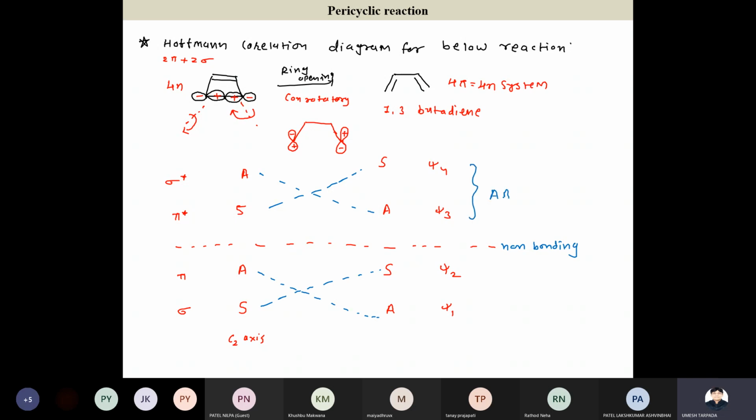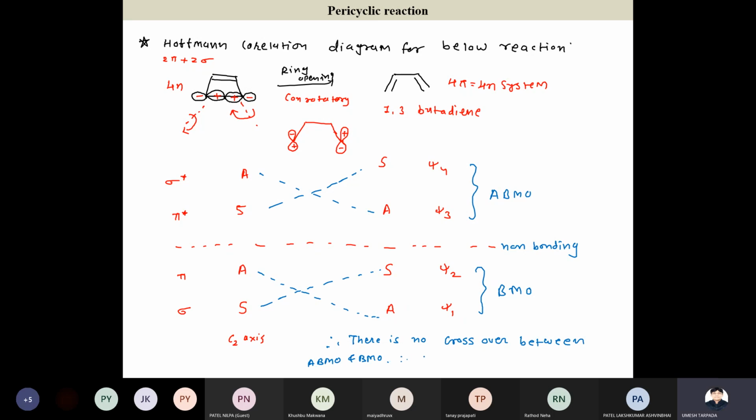Here this is an anti-bonding molecular orbital, and this is a bonding molecular orbital. There is no crossover, and whenever crossover is not observed, the reaction is thermally allowed. There is no crossover between anti-bonding molecular orbital and bonding molecular orbital.